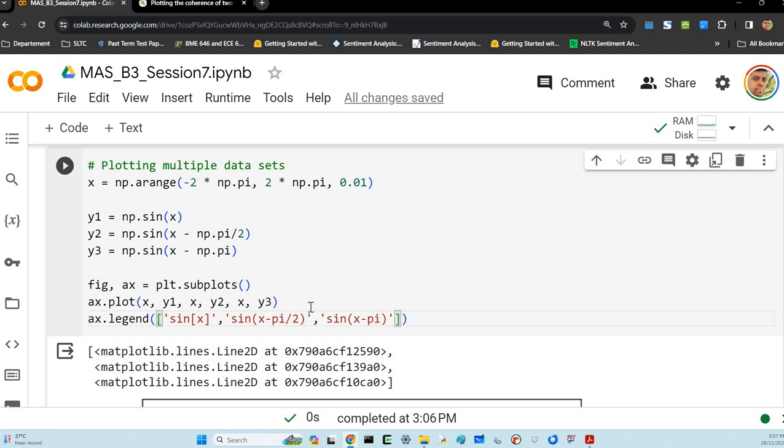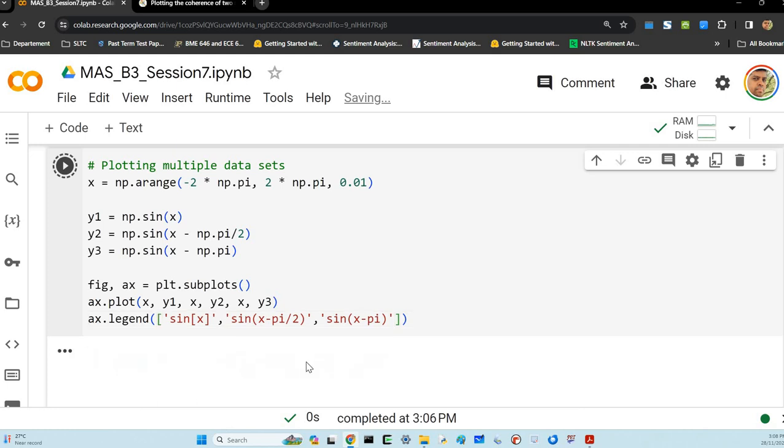So we have now defined 3, because the first one is sine of x, second one is sine of x minus pi by 2, finally x minus pi. So let's run and observe.